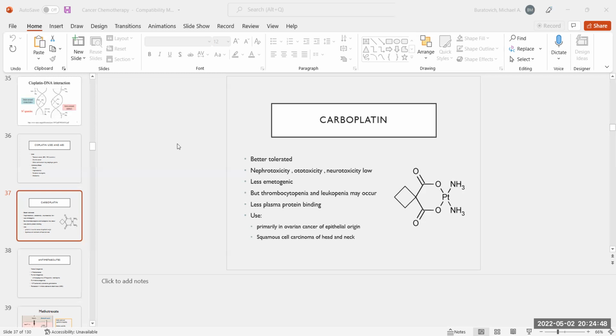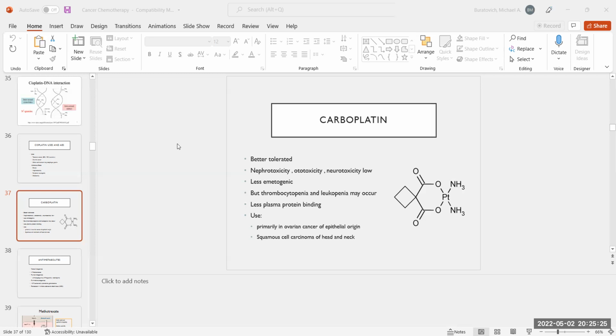It's given as fludarabine phosphate. Then in plasma, it gets converted to fludarabine. When it gets in the cell, it gets converted to fludarabine triphosphate. That's the active form. And it binds directly to and inhibits ribonucleotide reductase. It has an additional ability to get incorporated into DNA polymerase and inhibit it.